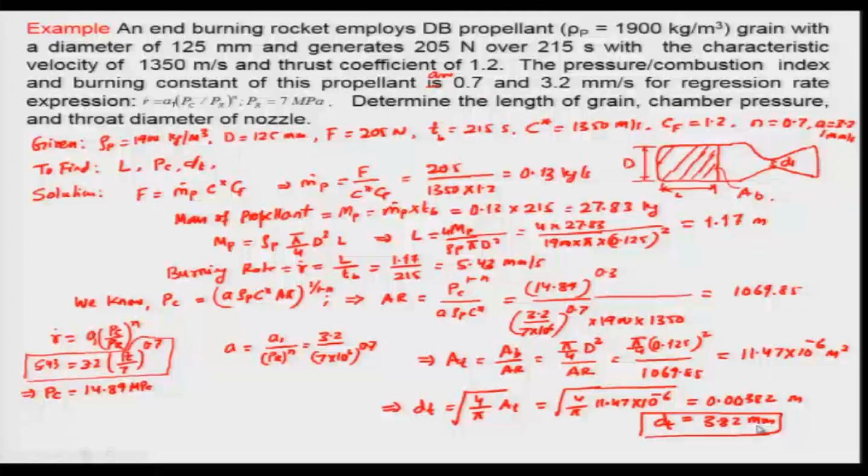So, this is the thing you got, and this is one answer L, and this is your chamber pressure, this is another answer, and this is your dt.